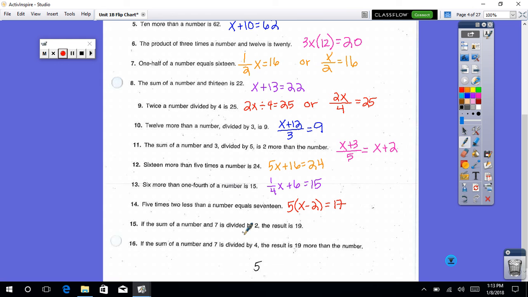If the sum of a number and 7 is divided by 2, the result is 19.